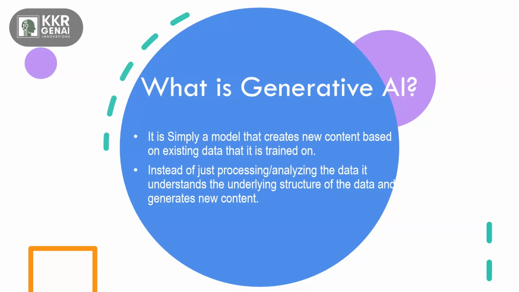So you're generating new content from your existing knowledge. Similarly, generative AI does the same thing. It analyzes the data, understands the underlying structure of the data, and then generates new content based on that, right?